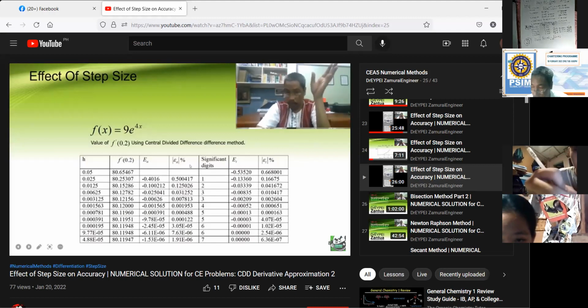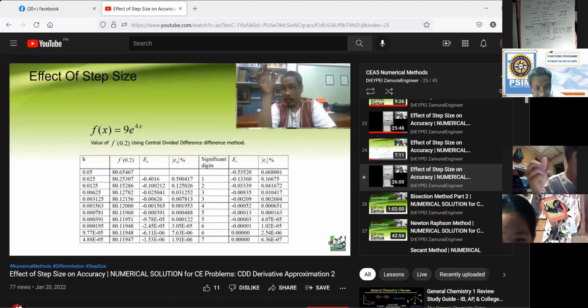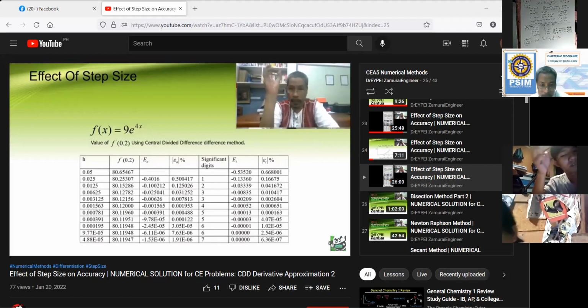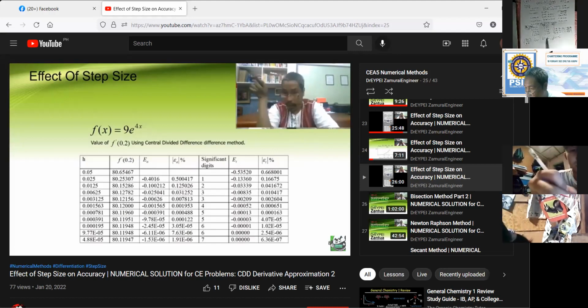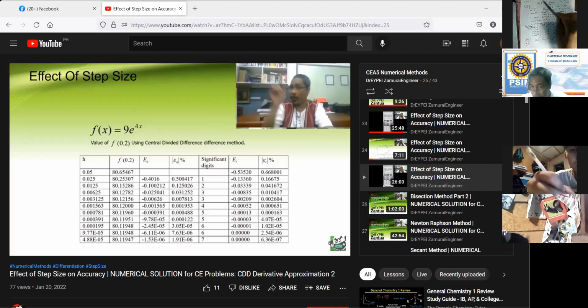Okay, so we'll not do it. Practice it repeatedly, 1 to 10, 1 to 5. You will just have a different value for the slope using this formula. The same procedure. This is the format. Screenshot this format.